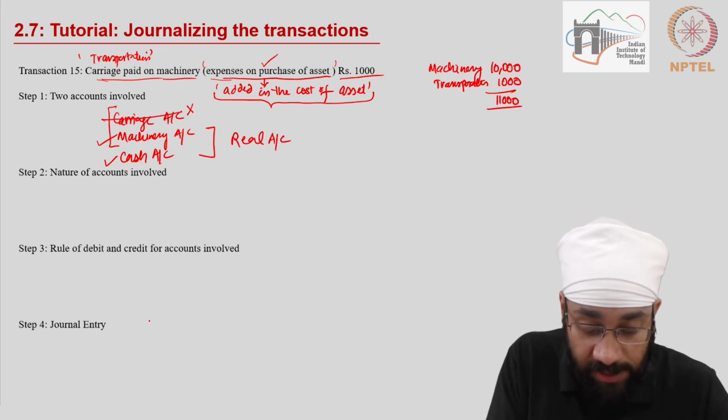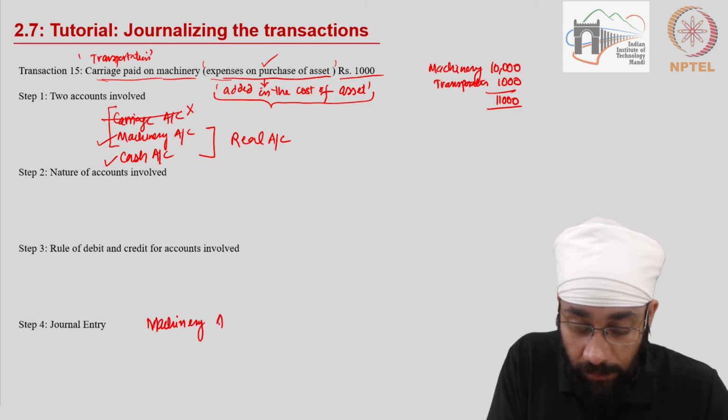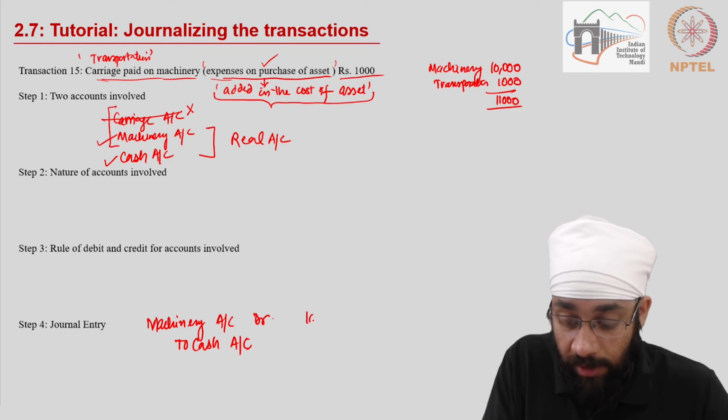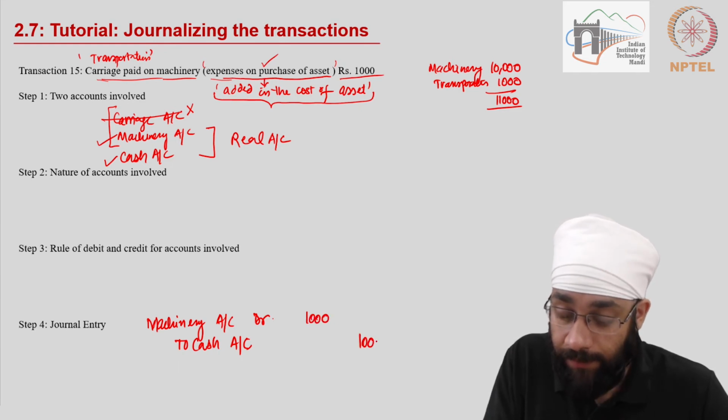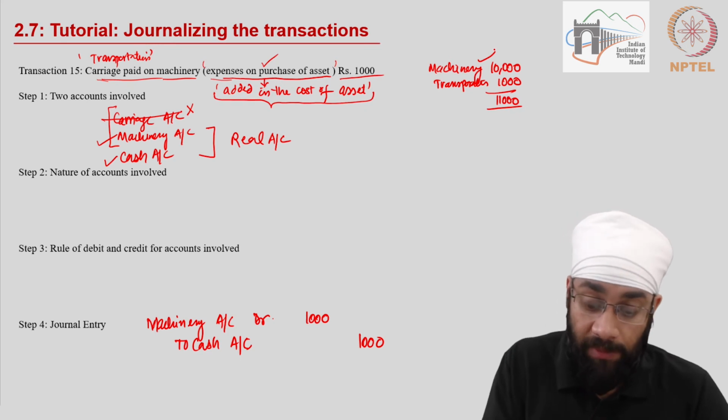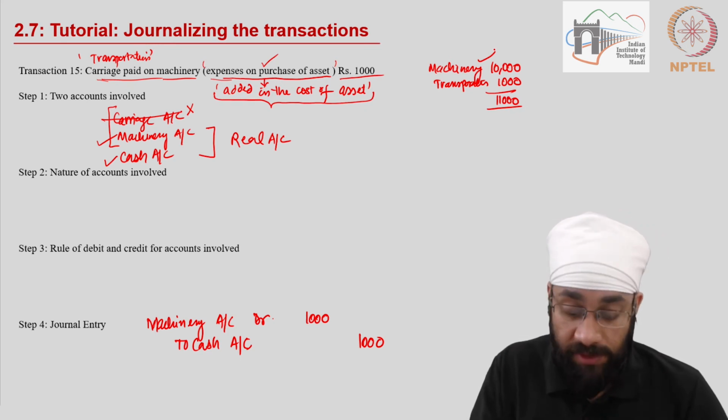What is coming in is machinery. So you write machinery account debit, and you're paying cash for it, so cash account credit by amount of 1,000. Typically you would be given the value of machinery as well, so you can write the amount as 11,000 instead.